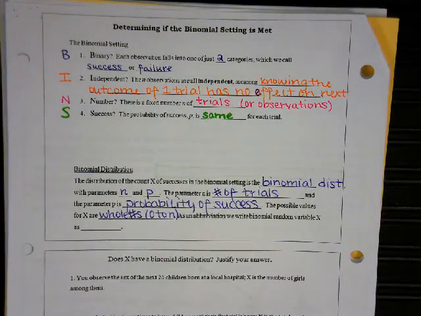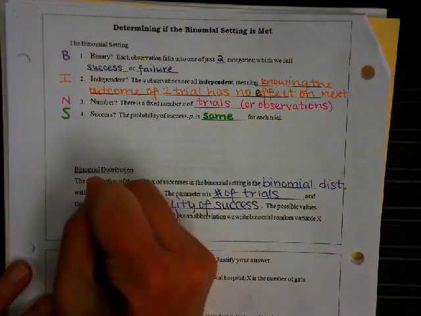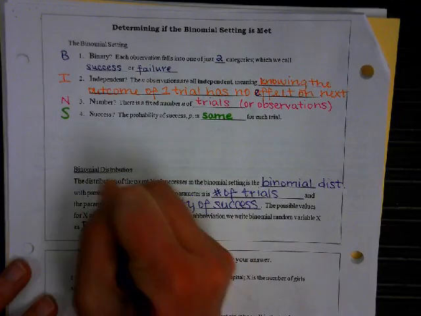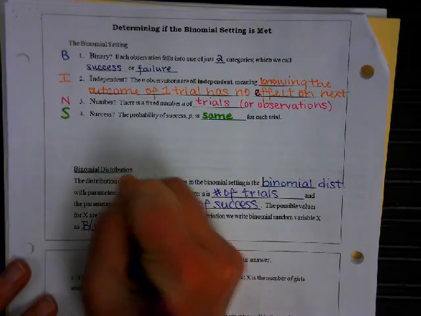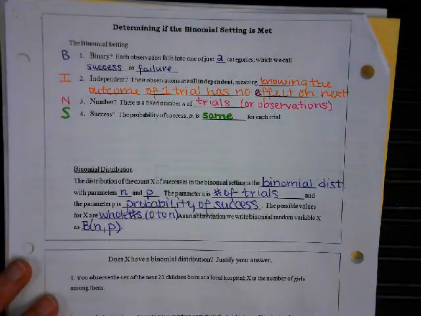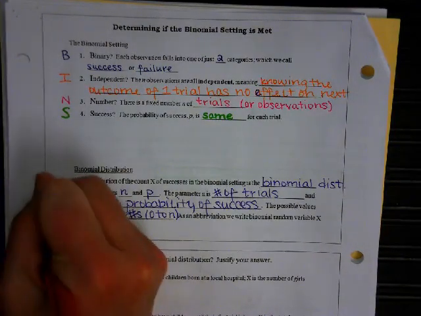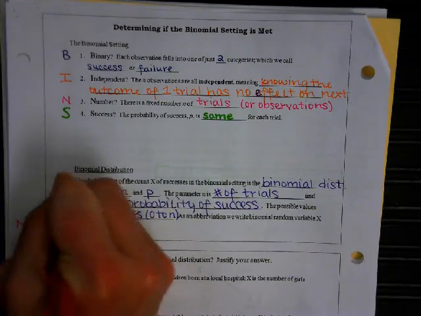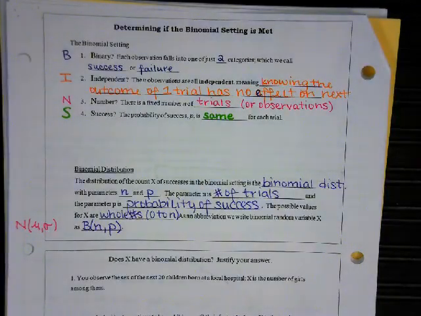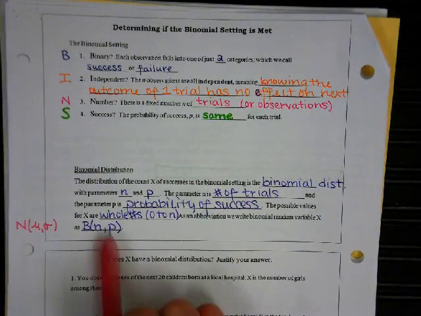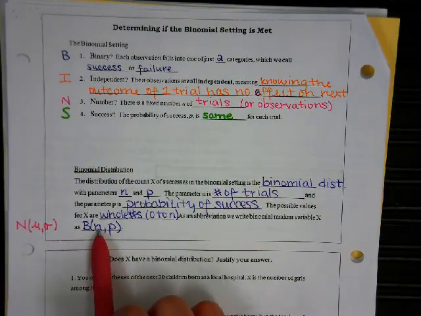As an abbreviation, we write binomial random variable X as a capital B, N, comma, P. So when we were working in a normal distribution, it was capital N, mean, standard deviation. Here, we're going to be working with a binomial distribution, and the 2 important parameters are the number of trials and the probability of success.